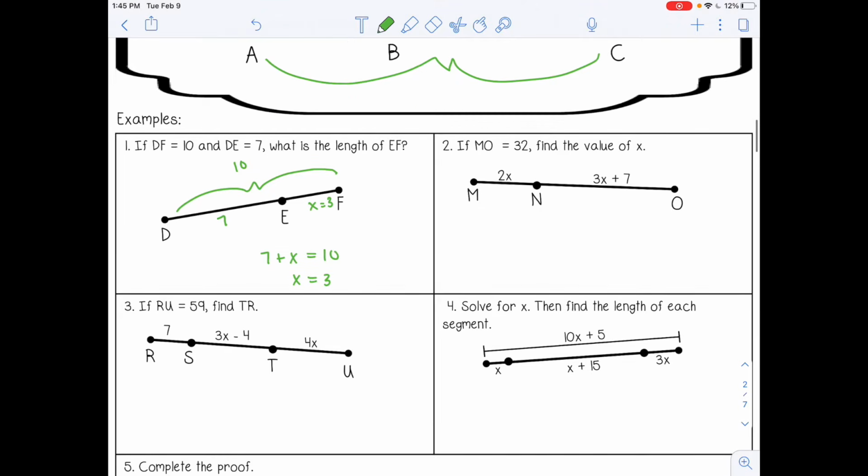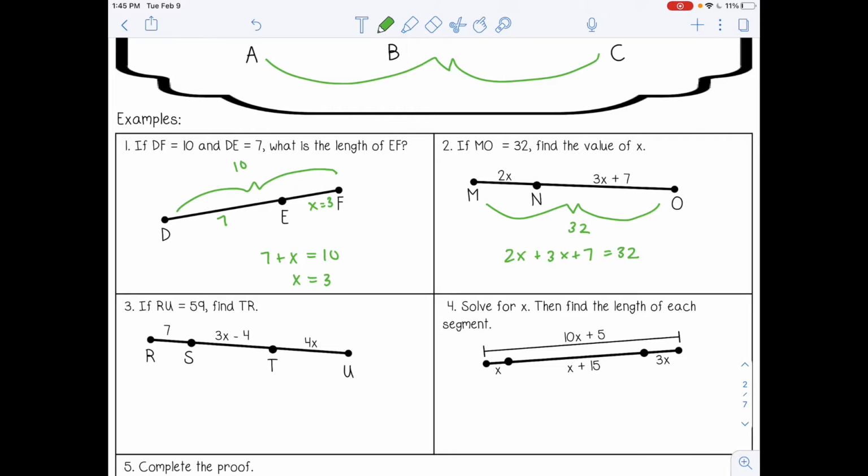So the length of EF would be 3. All right, next one, if MO equals 32, so the whole line segment MO has a length of 32, we want to find the value of X. If we add these two pieces together, MN and NO, that should give us the length of the whole segment, 32.